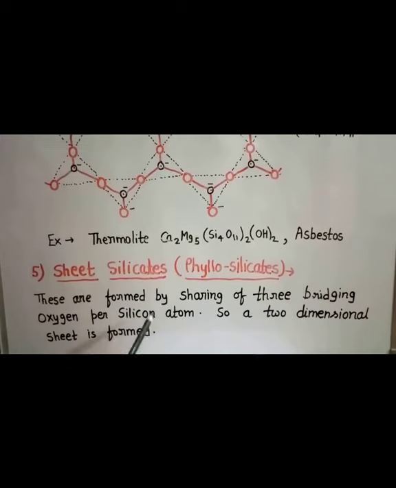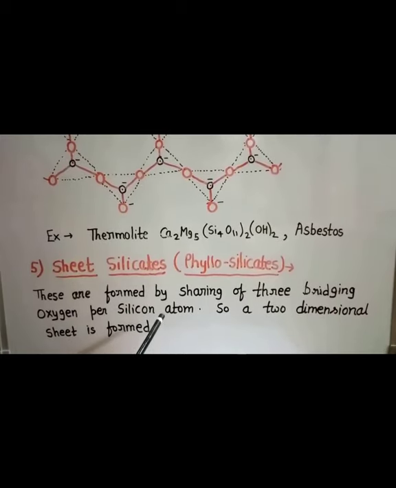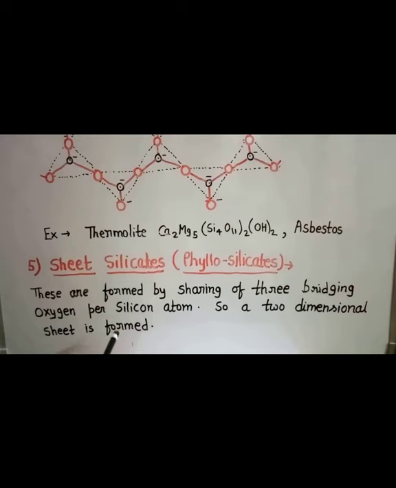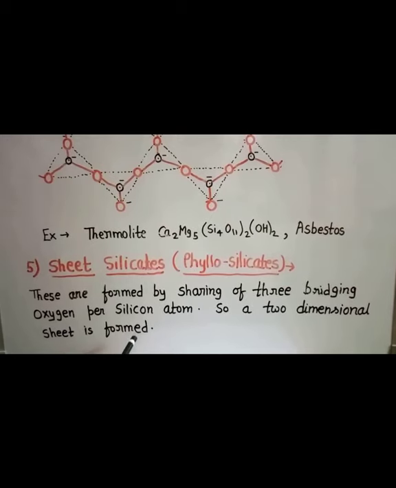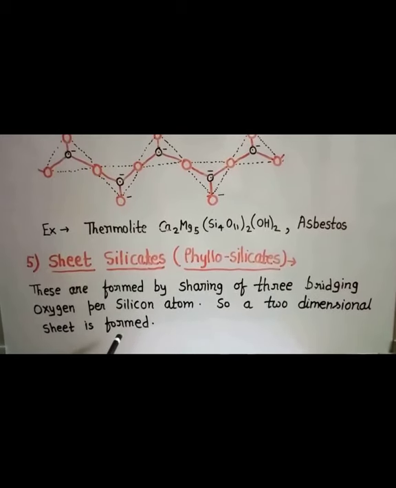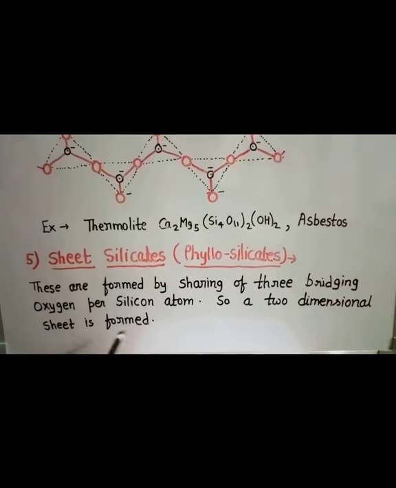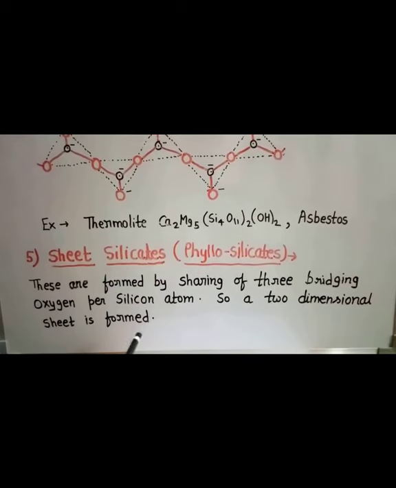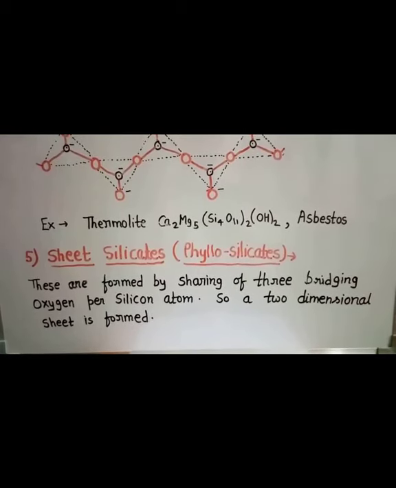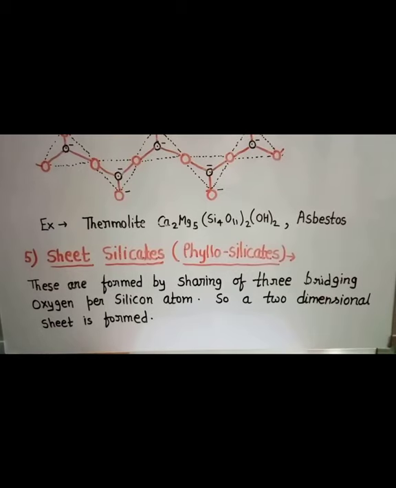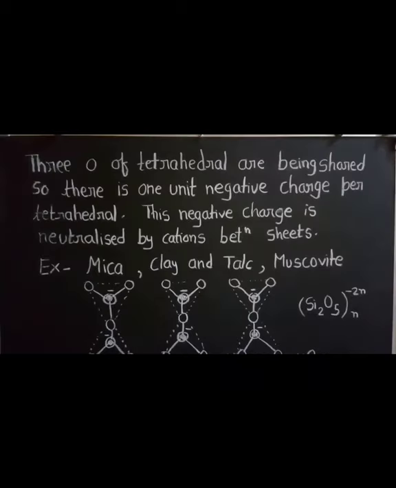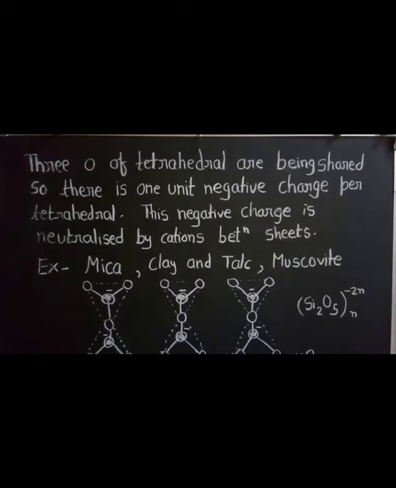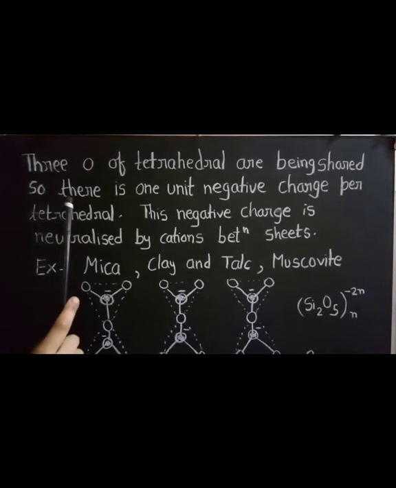Sheet silicates are otherwise called phyllosilicates. These are formed by sharing of 3 bridging oxygens per silicon atom, so a 2-dimensional sheet is formed. Silicates which contain Si2O5 2n minus are called sheet silicates or phyllosilicates.